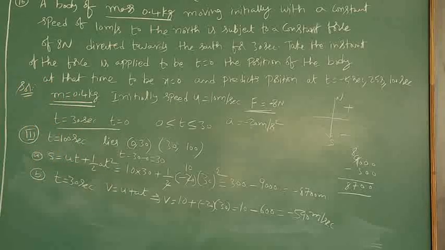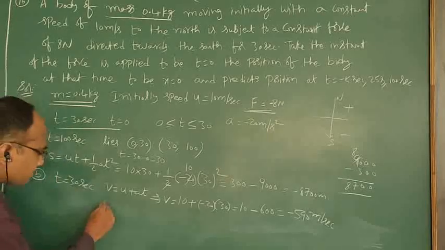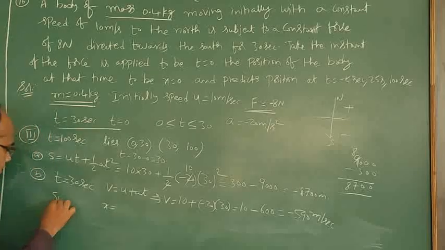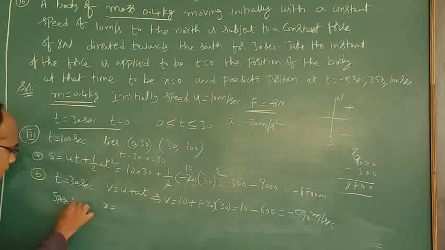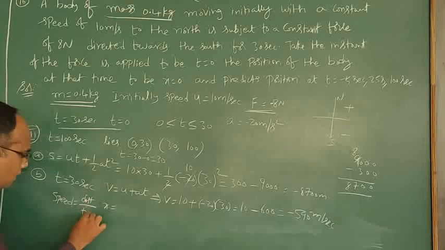Now here they are given 100 seconds. Means 100 minus 30 is 70. So to find out the distance, what is the formula? Speed is equal to distance by time.